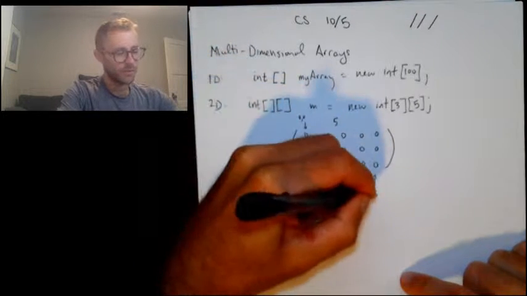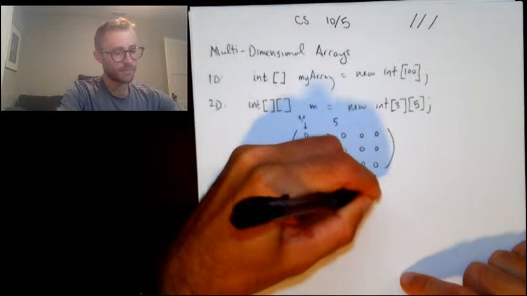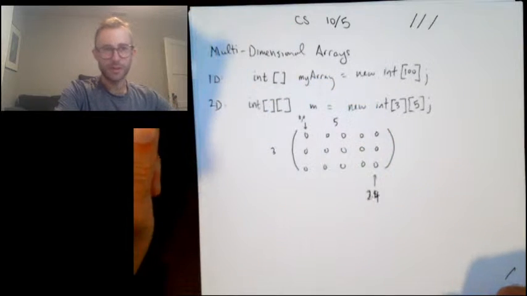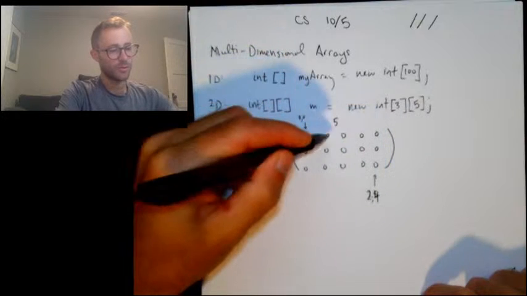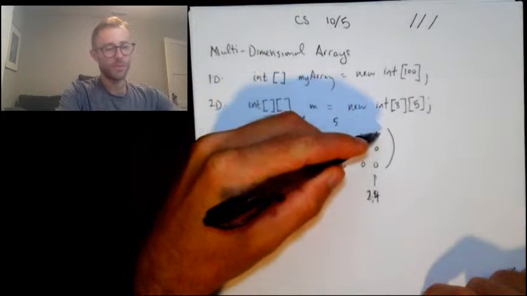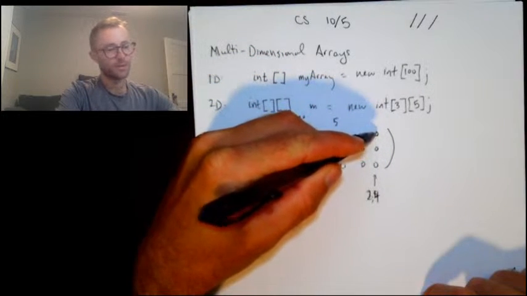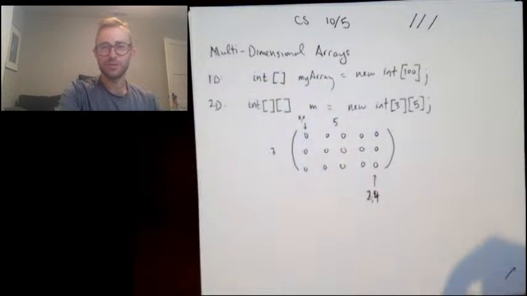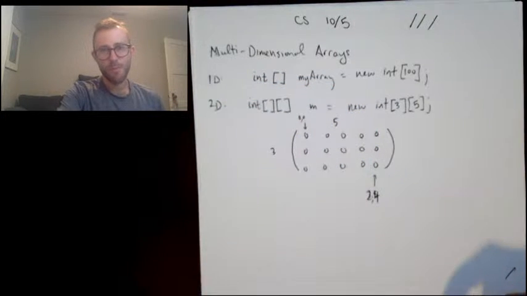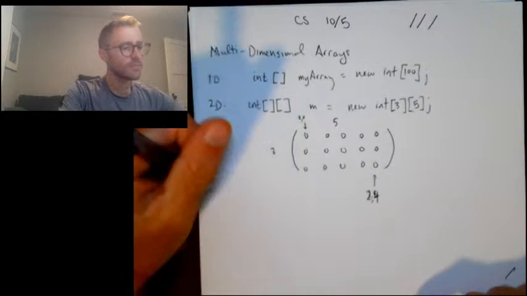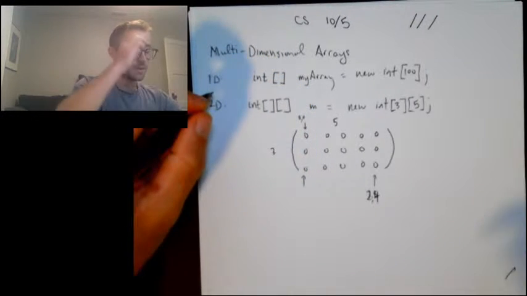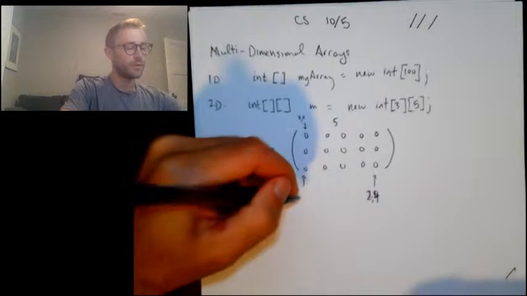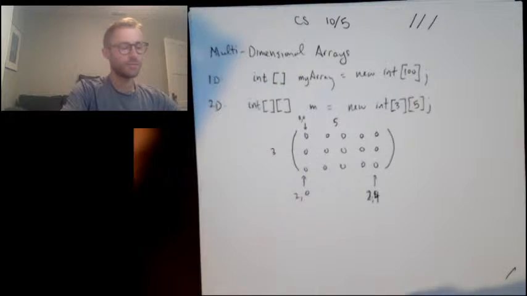or not 3,5, my bad. It would be 2,4, because remember we start at 0. So we 0, 1, 2, 3, 4. 0, 1, 2. So this is the 2,4 element. This one right here would be the 2,0 element.